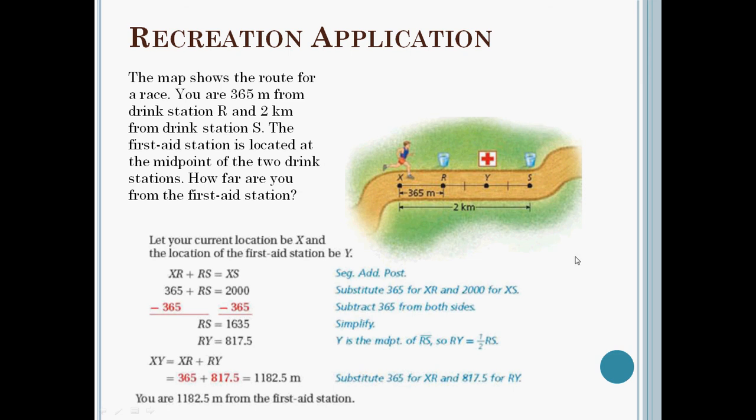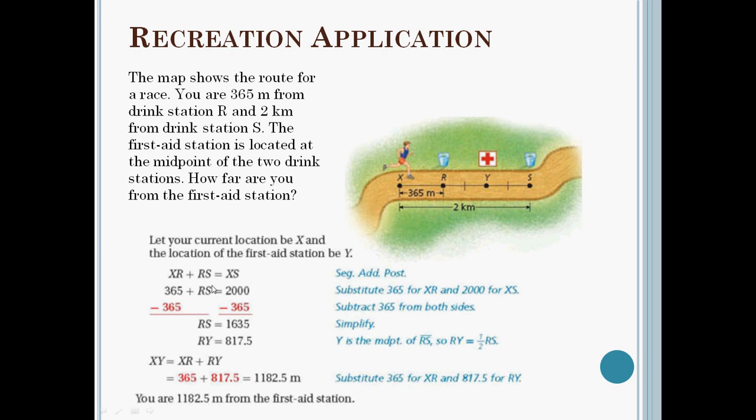Let's think of how to solve this. We know that XS, the entire length, is equal to XR, the part we know, plus RS. We know that we're 365 meters away.